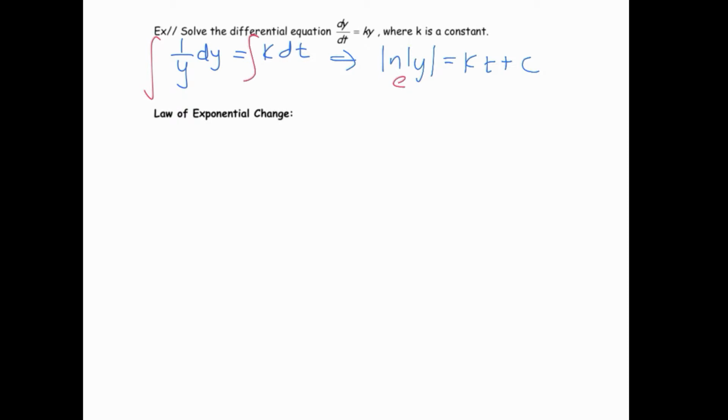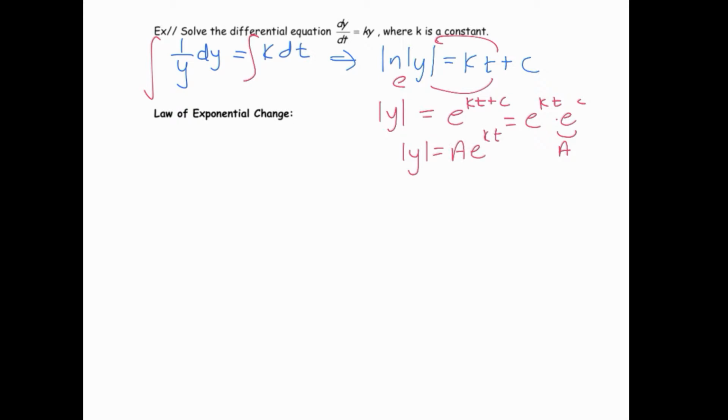Using the definition of log, we get that the absolute value of y is equal to e to the kt plus c, which is e to the kt times e to the c, which we're going to write as just a. So that means the absolute value of y is equal to a e to the kt.